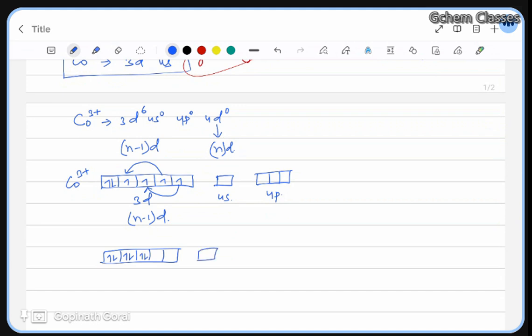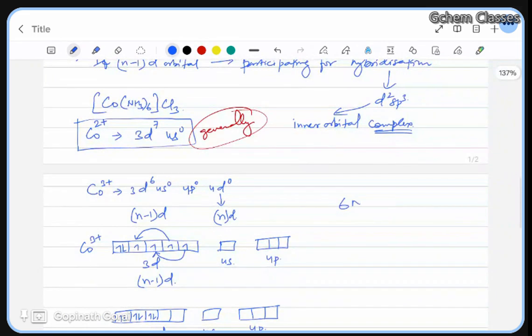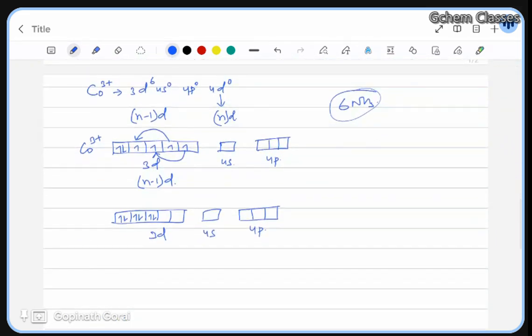Now you have 3d, 4s, and then you will have 4p. Now, how many ammonia are there? There are 6 ammonia, right? As I told you, hybridization takes place, as you have seen in organic chemistry: however much demand there is, that much supply you have to do. So now 6 ligands are coming over here. Each ammonia has one lone pair, so it will act as a ligand.